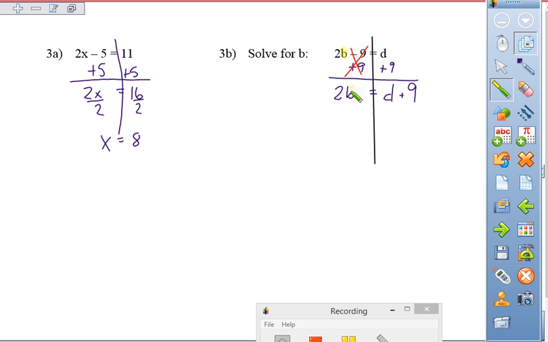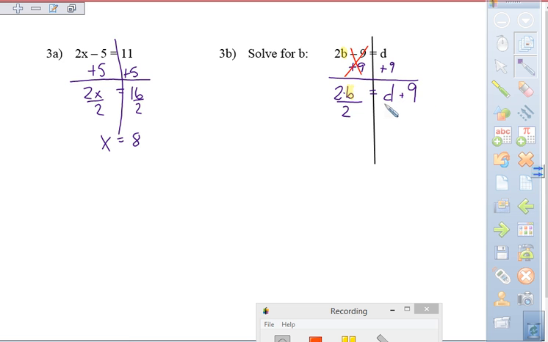Remember, our goal is to get b by itself. So we still have one more step to do, and that would be to divide by 2, because 2 and b are connected by multiplying. And now we have this piece over here, this chunk, d plus 9. We have to divide that whole piece by 2, because what we do to one side, we have to do to the whole other side.